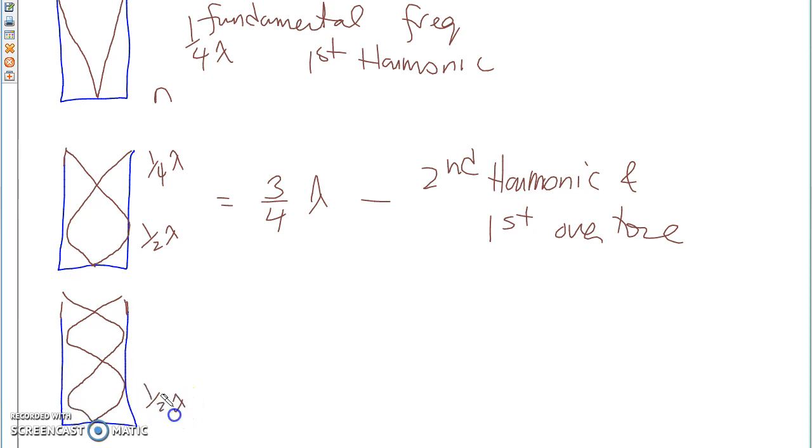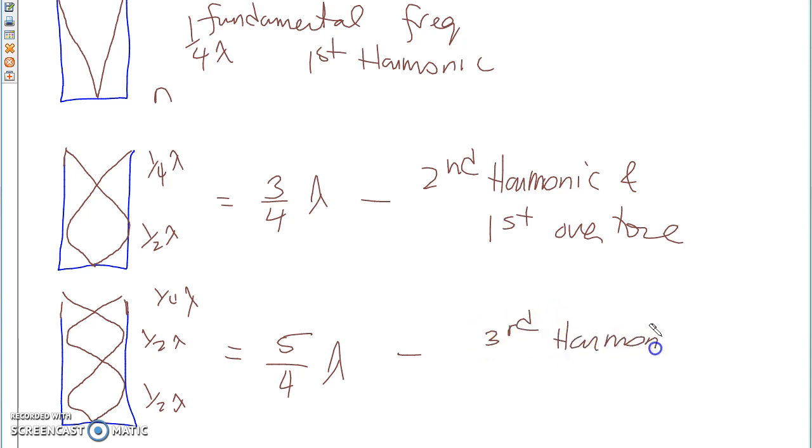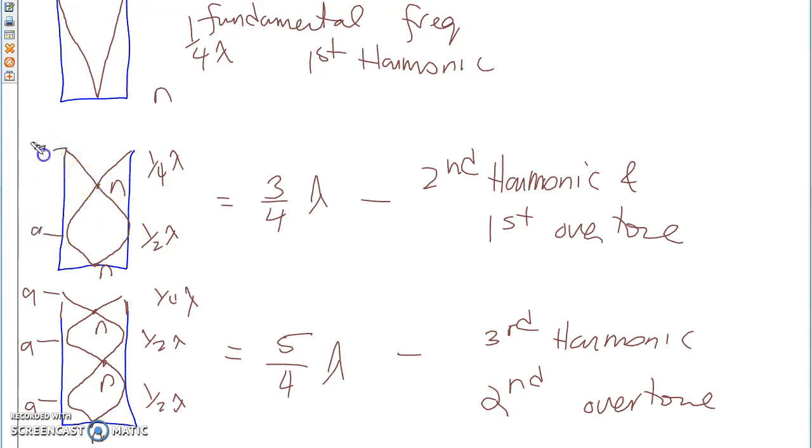So half lambda, 1/4 lambda, also known as 5/4 lambda. Third harmonic and second overtone. Remember node, antinode. Same thing here, node and node, antinode and antinode, and so on and so forth.